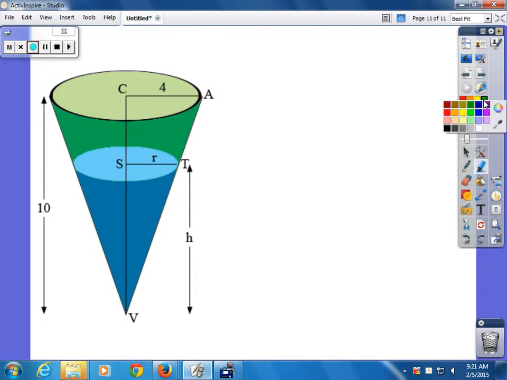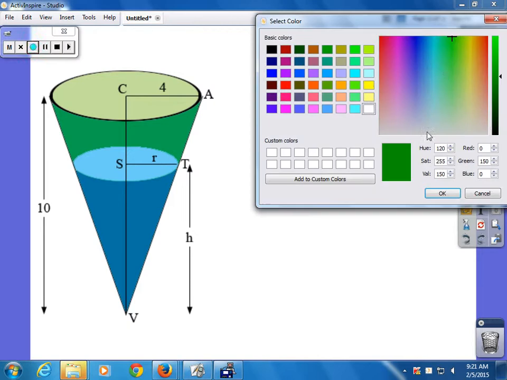That's like a mint green, isn't it? I ain't worth a crap when it comes to colors.